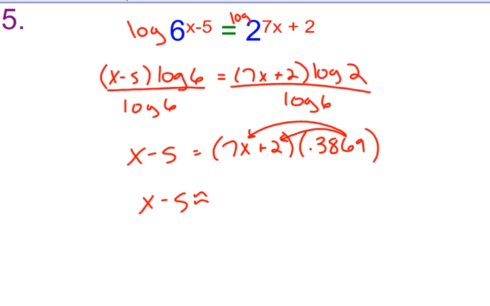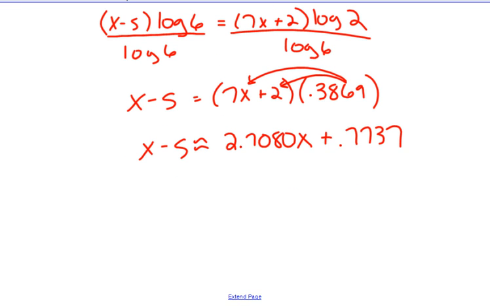So when I took 7x times that 0.3869, I got 2.7080x plus, and then I took 2 times the 0.3869 and got 0.7737. So from here, even though it's decimals, I'm just going to simply solve this equation. So I would choose to minus 2.7x, remember I'm not going to actually round that, and then add the 5.